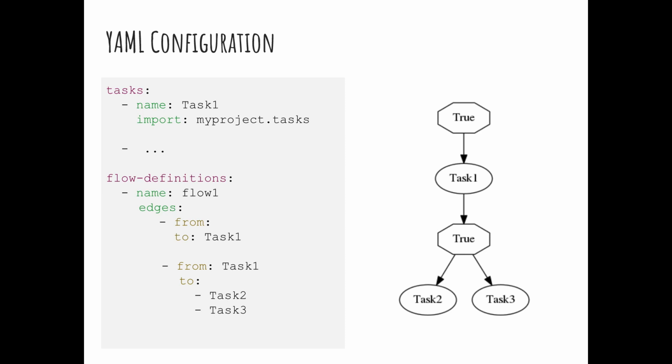Okay. So we create this YAML configuration file, we plot graphs. We can use Selinon CLI directly to plot graphs of our flows of tasks. And in this case, we have this flow, and as you can see, we start with task 1, and after task 1 finishes, we run task 2 and task 3 in parallel. Okay, and we have these octagons, and these octagons state true in them.